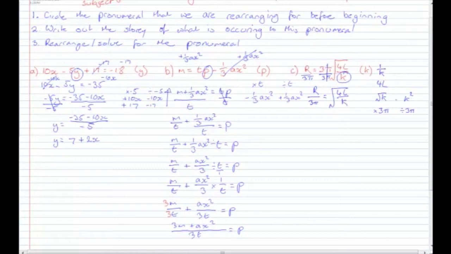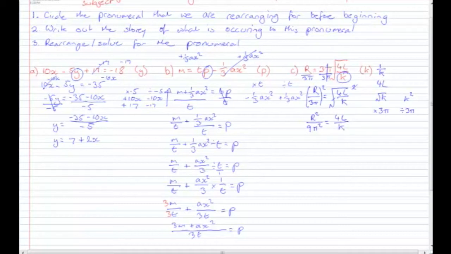Now let's square both sides, so we put this in brackets and square it, and we square this as well. Of course the square root and the square will cancel out, and we're going to square everything inside the bracket, so you get r squared over 3 squared is 9, pi squared is pi squared. The square root and the square cancel out, and you're left with 4l on k.